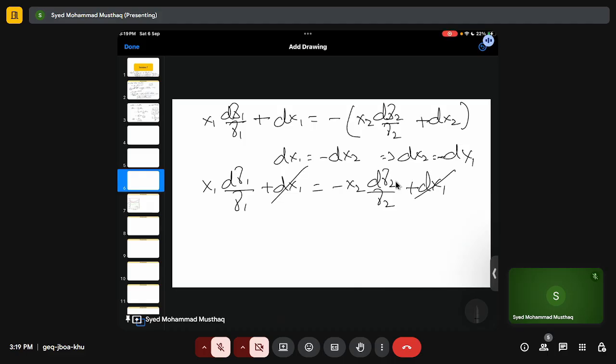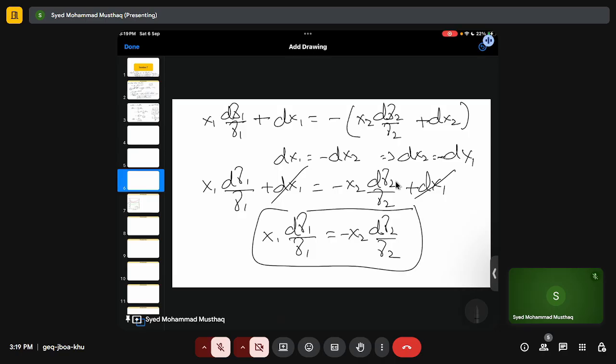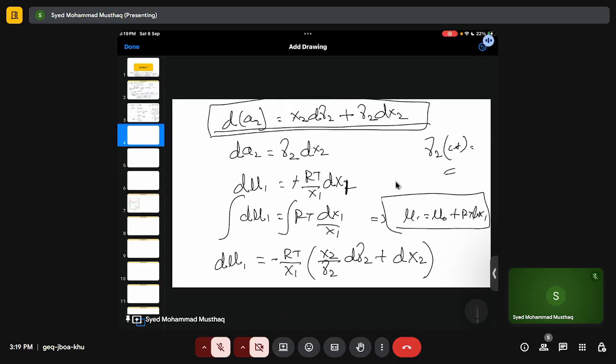So what I have is x1 d gamma 1 by the activity coefficient minus x2 change in activity coefficient of 2 by activity coefficient. So this is my relation. Now I know this equals this. So if I substitute that here, right?